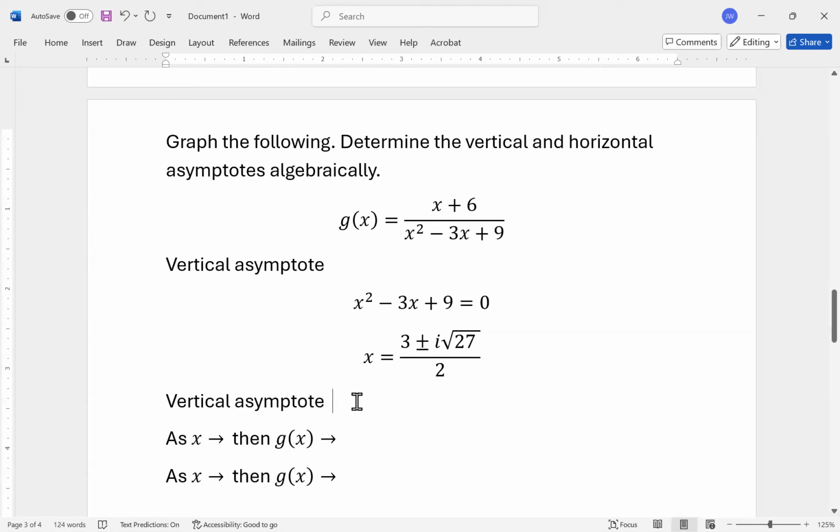In other words, there's no real number that I can plug in that makes my denominator 0. So there are no vertical asymptotes in this case. And obviously, if there are no vertical asymptotes, we can't approach them from the left or the right-hand side. So we can ignore approaching from the left or the right.